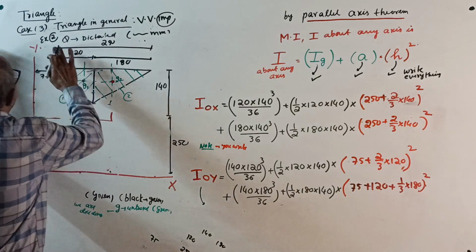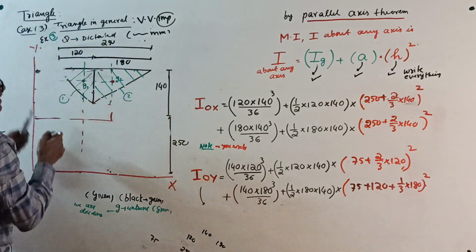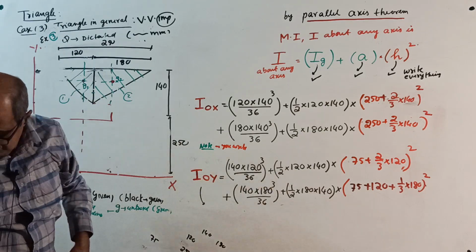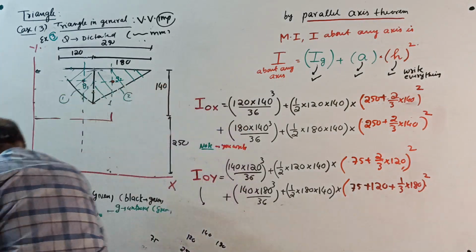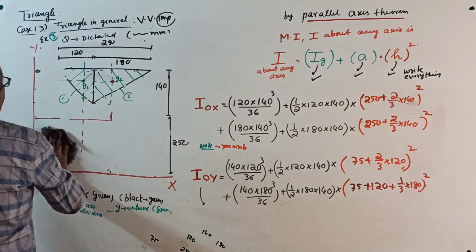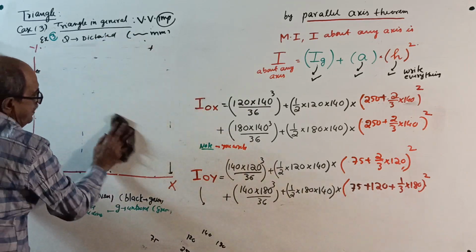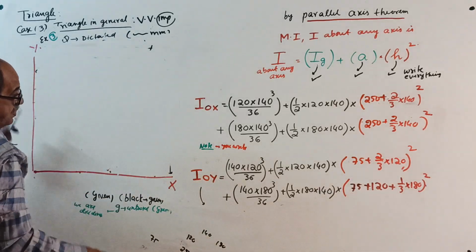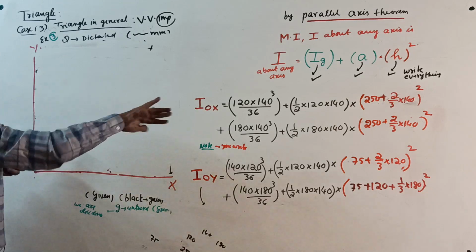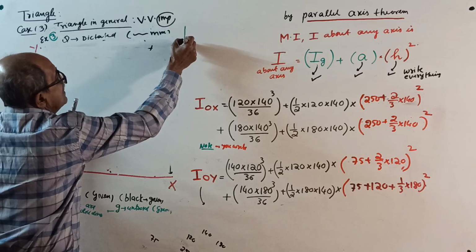Now I'll go for example 3. Here. This side, I'll face this side. Okay. First I want 1 and 2 here.